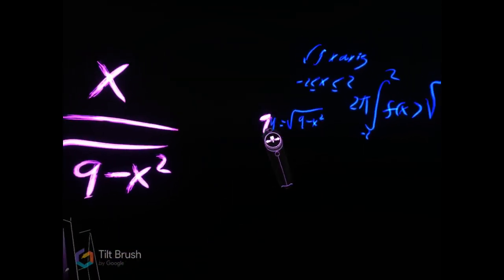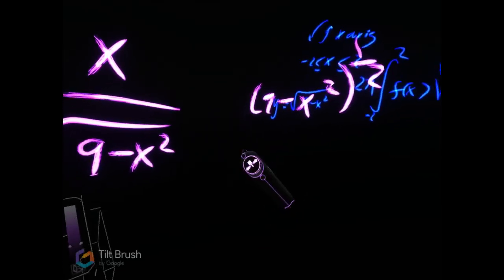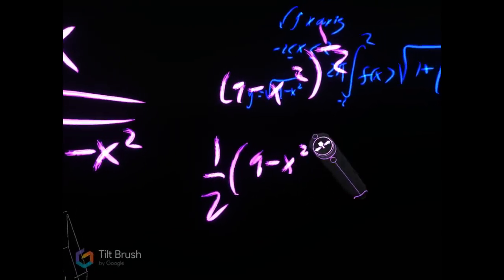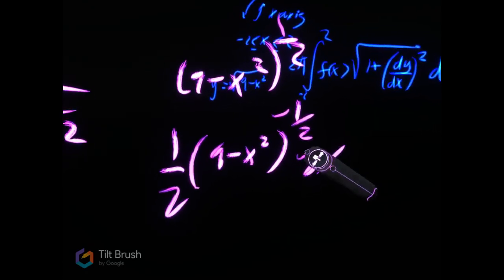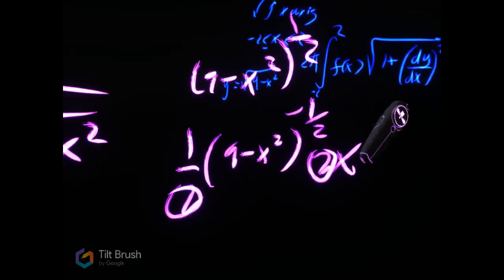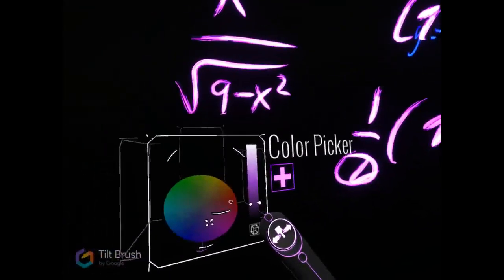Because you have 9 minus x squared to the 1/2. So you take the derivative, you have a 1/2, 9 minus x squared to the -1/2, times 2x. So this 2 cancels out here. So you get just, yeah, okay. That's correct.